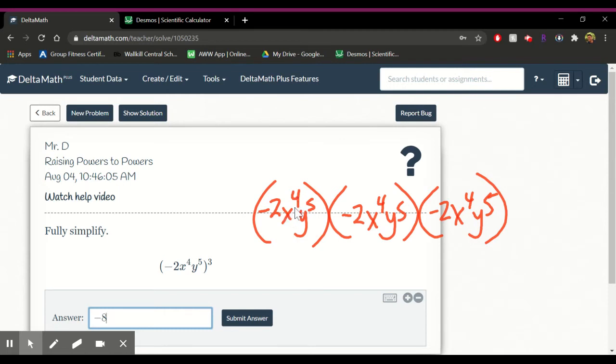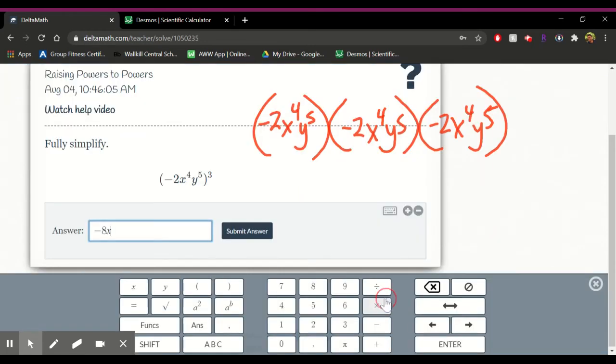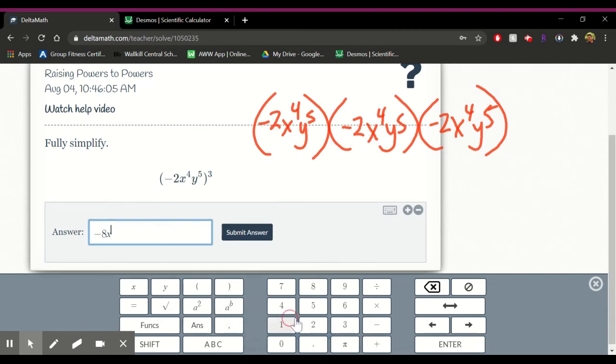All right, x to the 4, x to the 4, x to the 4. Again, 4 plus 4 plus 4, which is 12. So you have x to the 12th. You've got to hit that exponent button. 12. And then y to the 5th, y to the 5th, y to the 5th. 5 plus 5 plus 5 is y to the 15th.